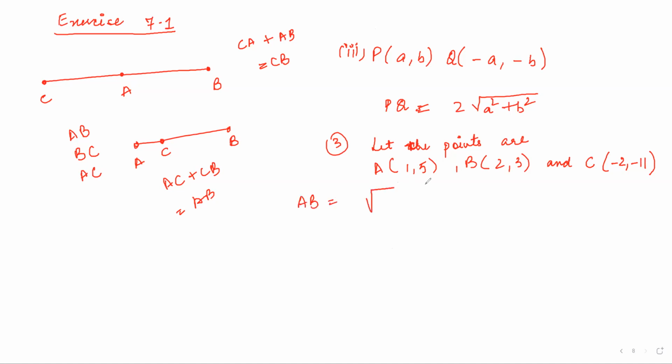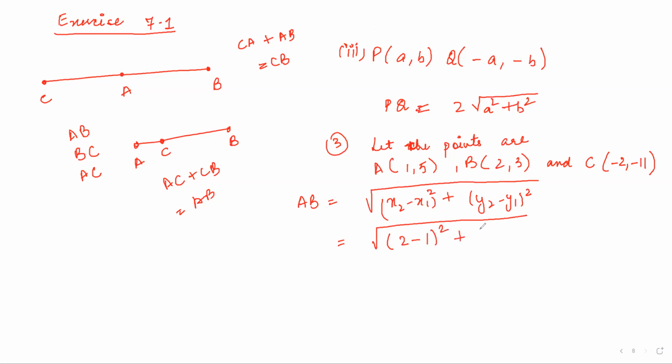AB means, write down the formula: x2 minus x1 whole square plus y2 minus y1 whole square. Now, how much is x2? Tell me, Hamna. Ma'am, 2. Okay, minus 1. (2 minus 1) whole square plus. Okay, Rida, what is y2? 3.